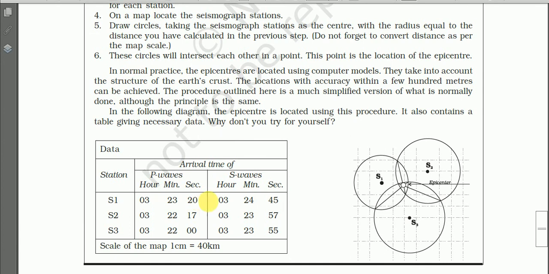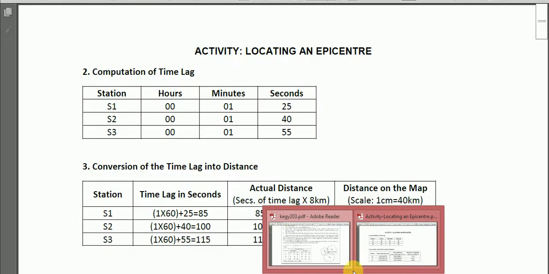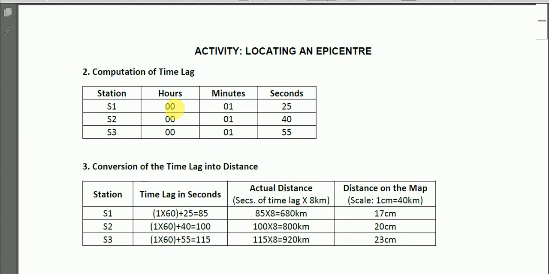So 3 minus 3 is 0, then 24 minus 23 is 1 minute, and 45 minus 20 is 25 seconds. So we get 00 hours 01 minute 25 seconds. For station 2 we have 01 minute and 40 seconds. Then for station 3 we have 01 minute and 55 seconds.